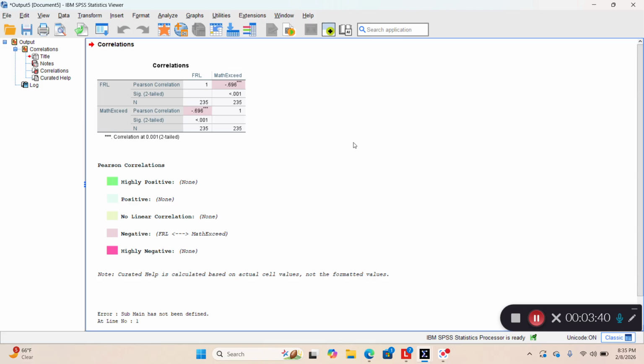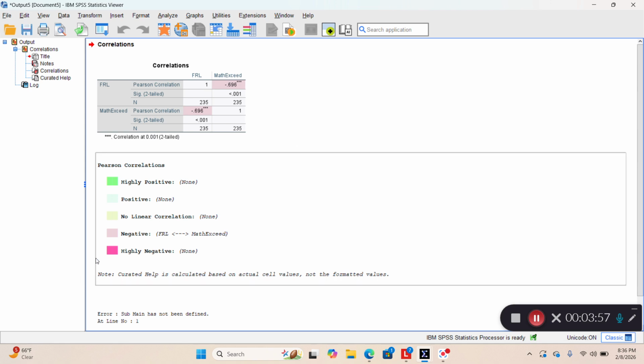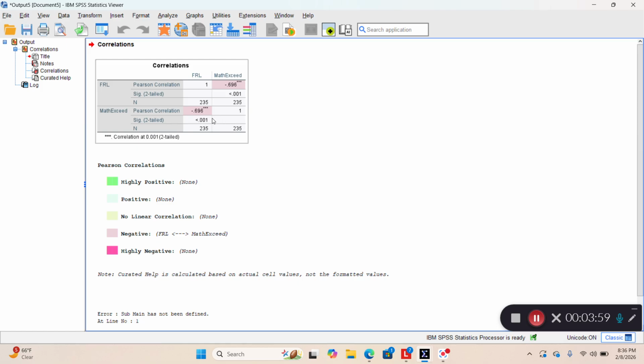That's also my experience working in the education system. I work at a district that is 83% low socioeconomic status, and there's a great significance between the two. As I said earlier, we have a negative significant correlation between the two because the significance value is less than 0.05, and we have a negative relationship value of 0.696.